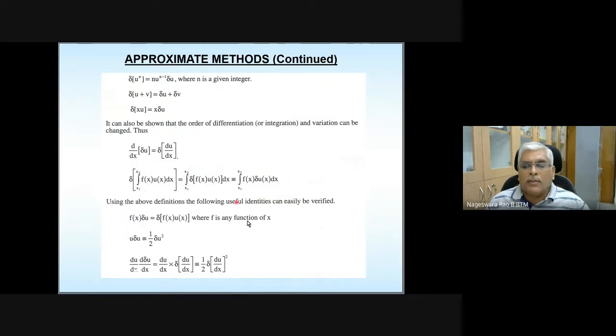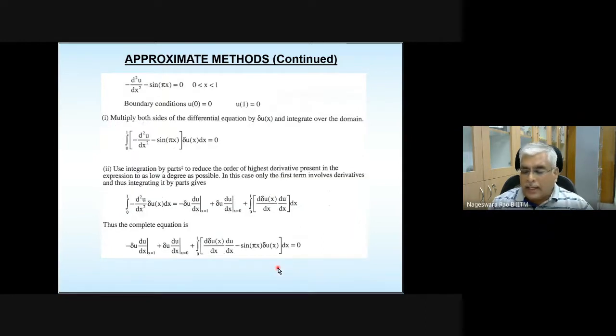So you just keep that in mind, and you should be very good in doing this. So please familiarize yourself with all these things. And before we proceed further with this variational method, I told you to revise the concepts of integration by parts.